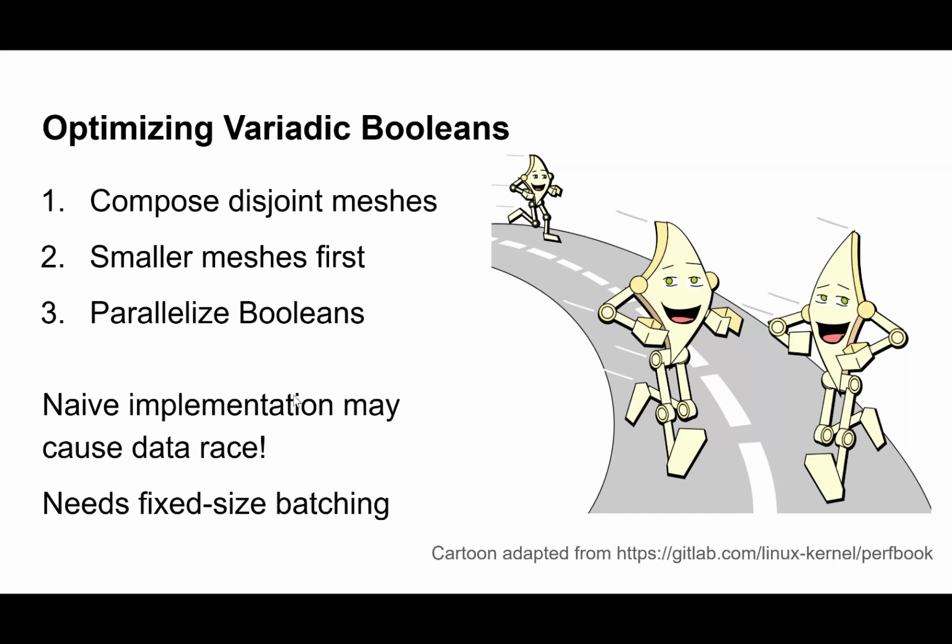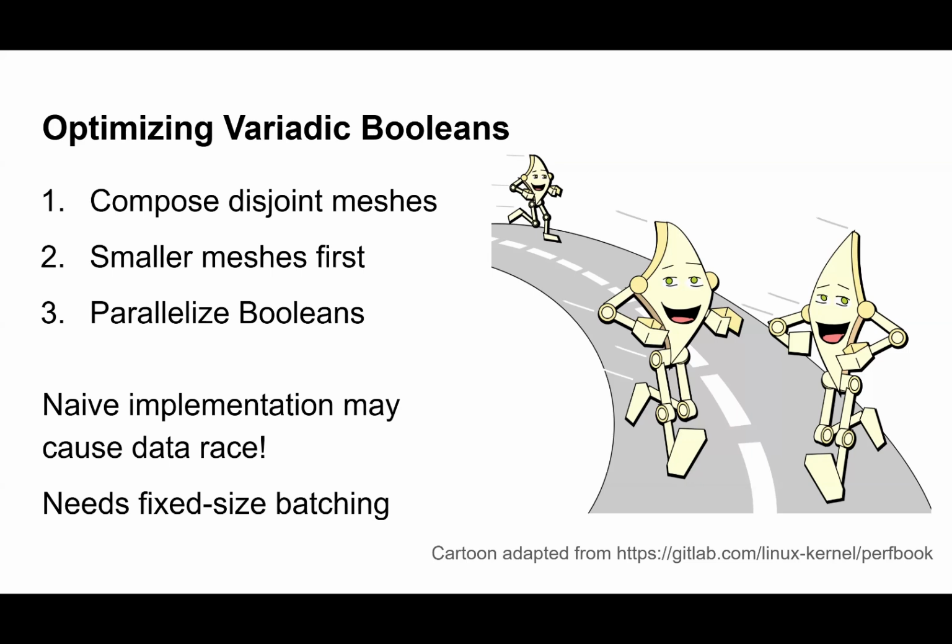And note that a naive implementation may cause a data race. So consider an implementation with a shared heap, which orders the meshes by their size, the number of faces, and then you have a number of workers that take pairs from that heap, compute it, throw it back, and then continue. This will lead to a data race because your computation operands depend on how fast the workers actually finish their work.